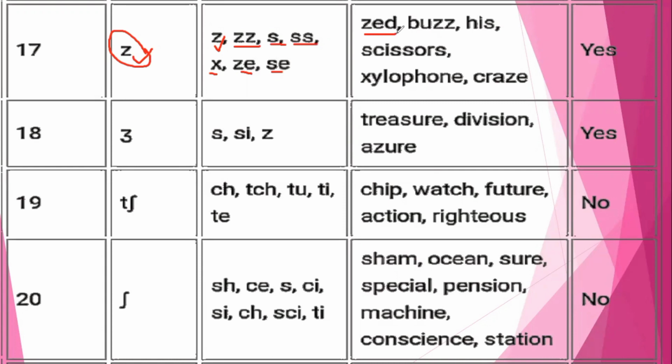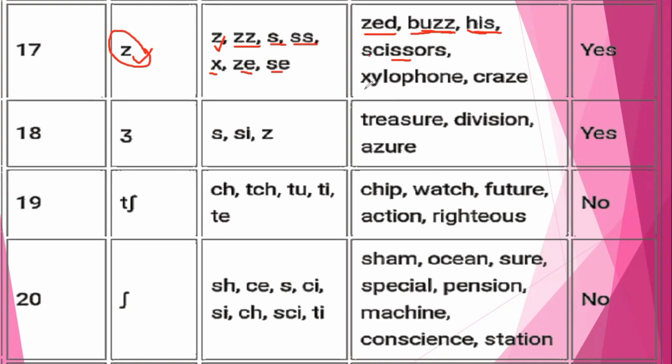Like the first word, Z is used in GED, Z, its pronunciation is also Z. Another is budge, budge. Another SC, SCI, or double S, you can see there, double S pronounced jar here, scissors, scissors.